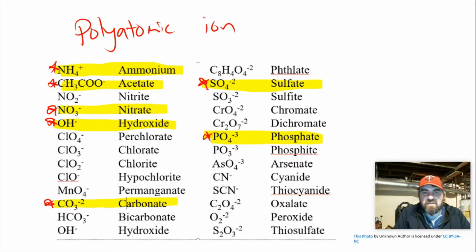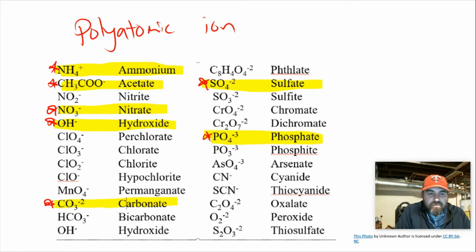Basically, we're going to do the same thing we did in the last video, writing names for type 1 ionic compounds, but this time we're going to use this name. It's very easy, but compared to what we just did, it's another small step. So let's try some problems.